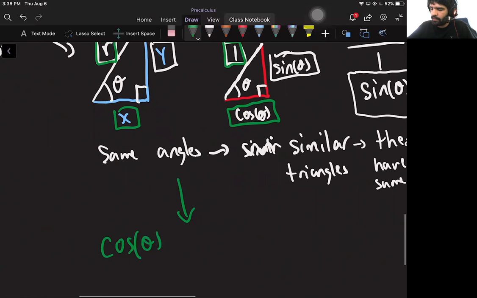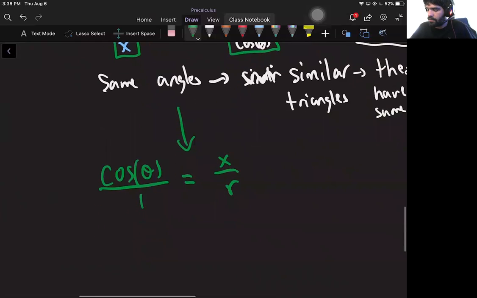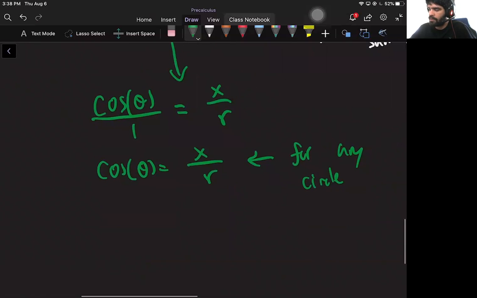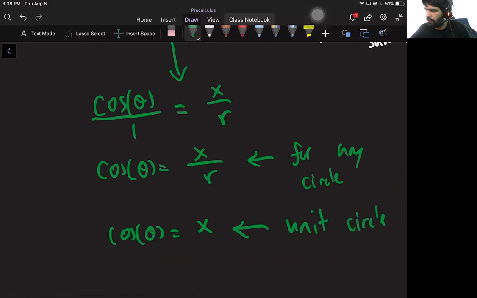The ratio of cosine to 1 is the same as the ratio of x to r. So cosine of theta is actually the x coordinate divided by the radius for any circle. And specifically, if the radius happens to be 1, that means you're on the unit circle. So there's no contradiction there either.